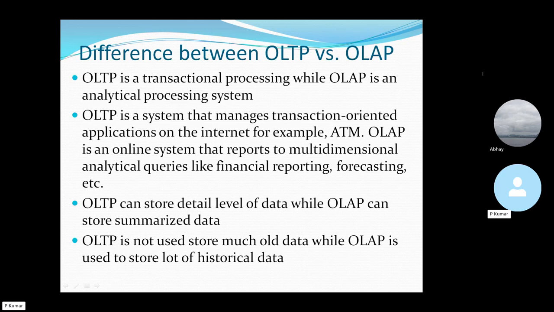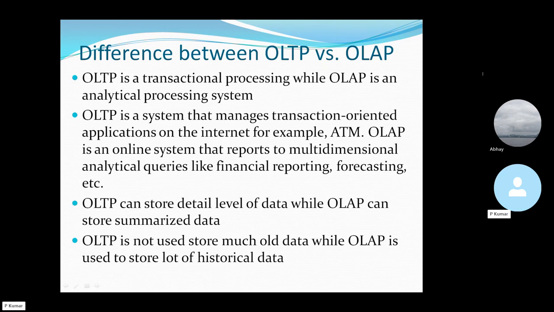OLAP is called online analytical processing, so we can say BW/4HANA is an OLAP system. It can have a history of data. Whatever data is created daily in S/4HANA, we need to extract into the OLAP system for reporting purposes.